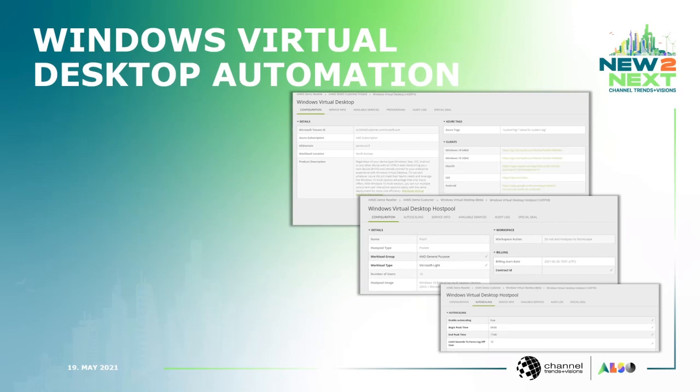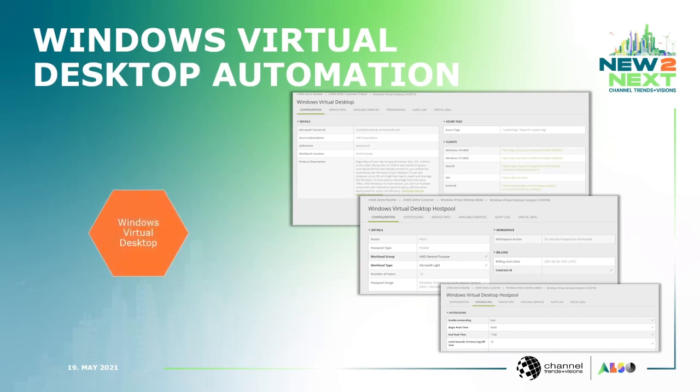Then you can specify the host pool, like the pool name, whether you want a pooled or multi-session solution, which machines you want to use, or which workload type you want to go for: a light one, a heavier one, or maybe graphics, which you can choose here. Then you just enter the number of users, and you're free to go to deploy everything. You don't need to choose any VM or anything else that's deployed in the background. Everything is done by us.